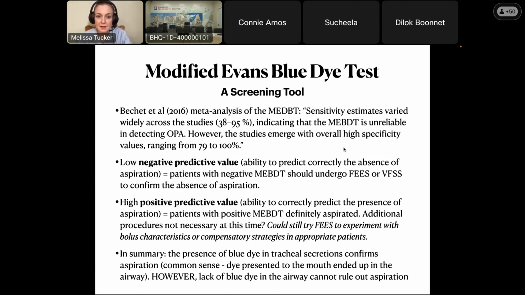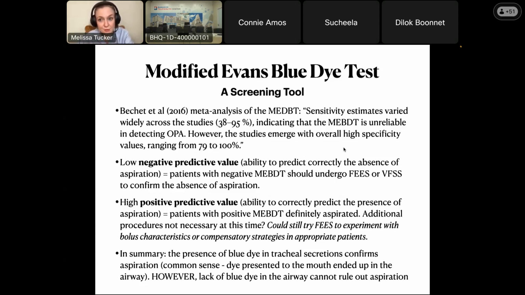Excellent question. I think you could repeat it. If you found that the patient passed the test, meaning they did not have any return of dye in their tracheal secretions, that patient probably doesn't need to have it repeated. They could go on to have a FEES or some other method of confirming the absence of aspiration.